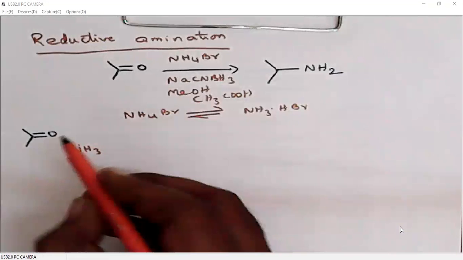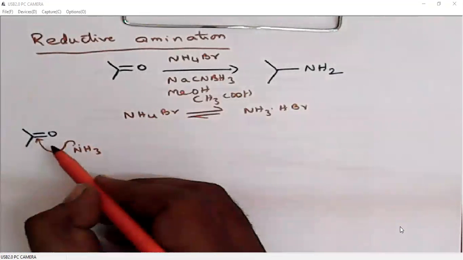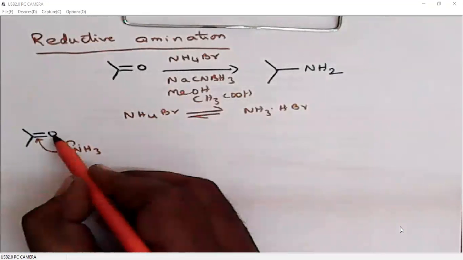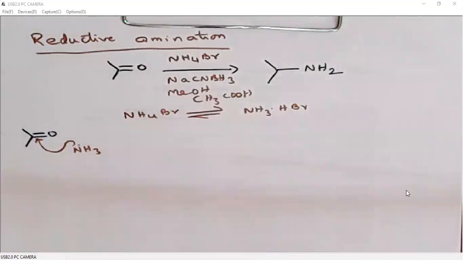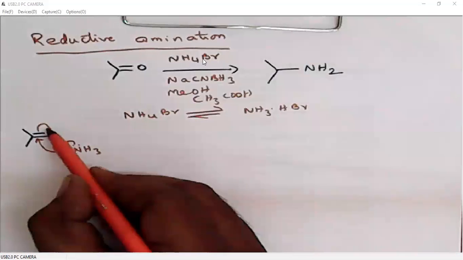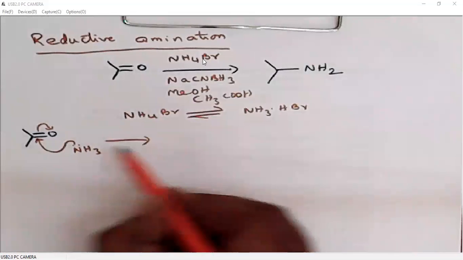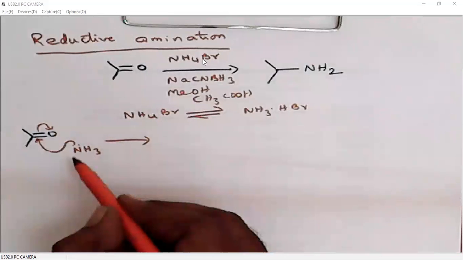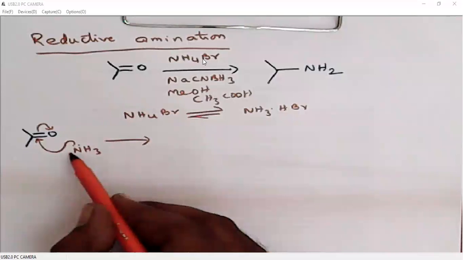So it attacks the electrophilic carbonyl carbon. Carbonyl oxygen is electronegative, carbonyl carbon is electropositive. So the bond will polarize like this, and this forms O minus because it is gaining electrons. Nitrogen is losing electrons, so it becomes plus.